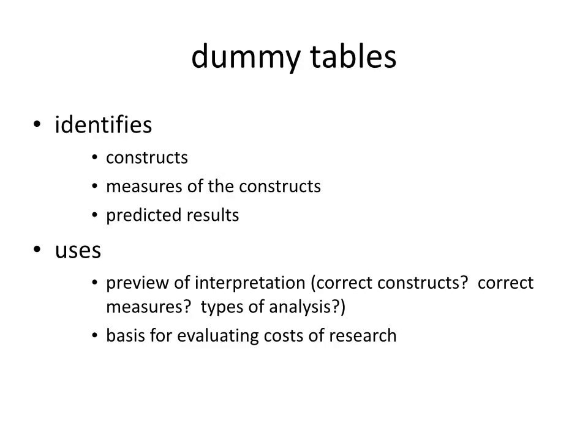There are a variety of measures there. And the predicted results. So that means that a dummy table essentially reproduces the tables that will go in the report with the expected results.